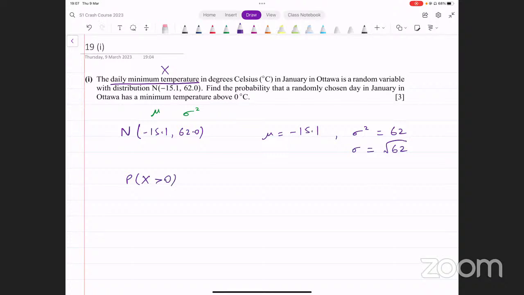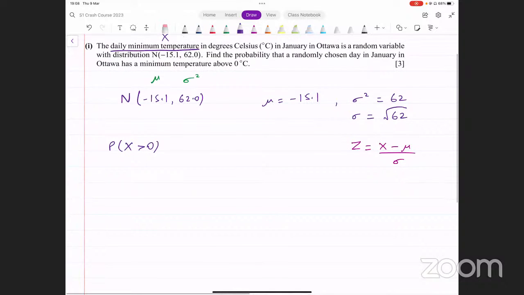All right. Now, we have to first convert it to z. Remember, z equals x minus mu over sigma. We can't use the table unless we convert our variable to z first of all. So probability of x greater than 0 corresponds to probability of z greater than, you put the 0 in place of x here, and you get the corresponding value of z. You'll get 0 minus mu, mu is minus 15.1, divided by sigma, sigma is square root of 62, and see what this gives you.